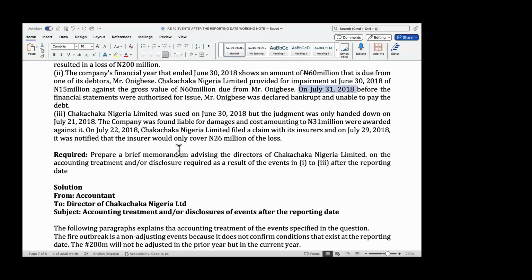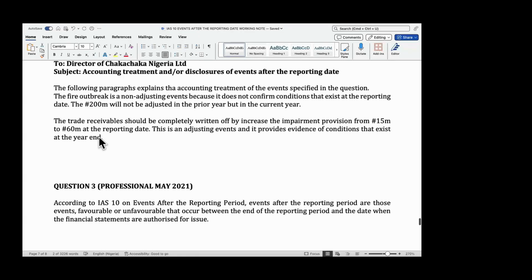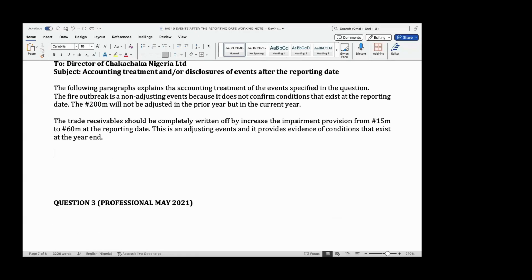If the authorization is July 31st, and this judgment was made in July, it's an adjusting event.